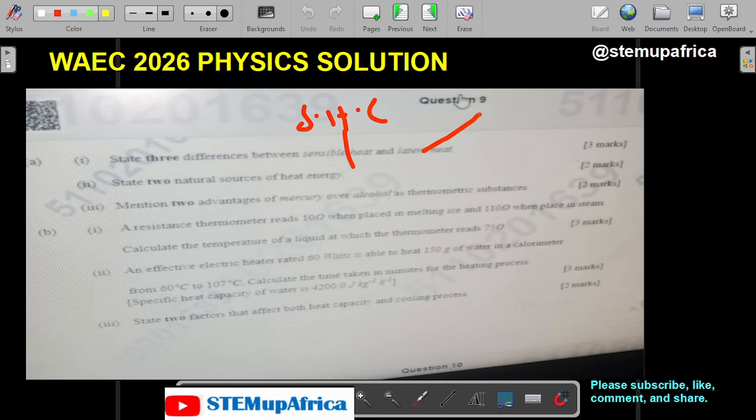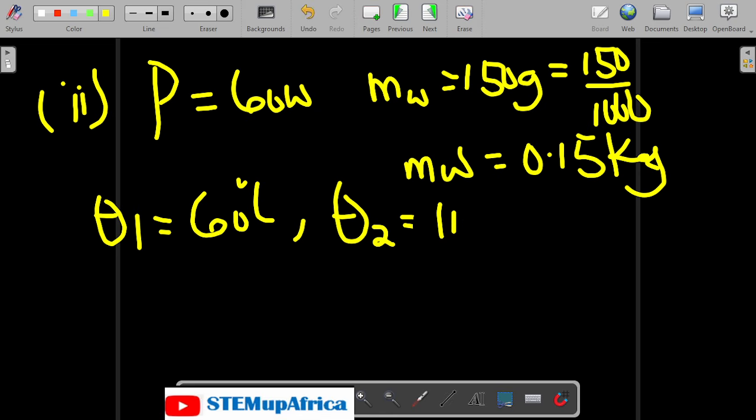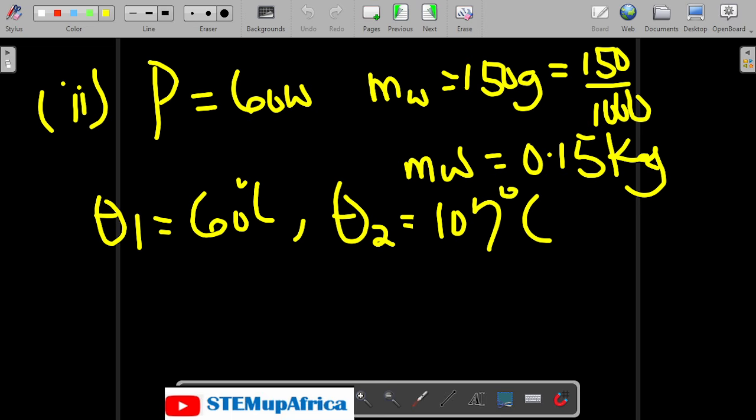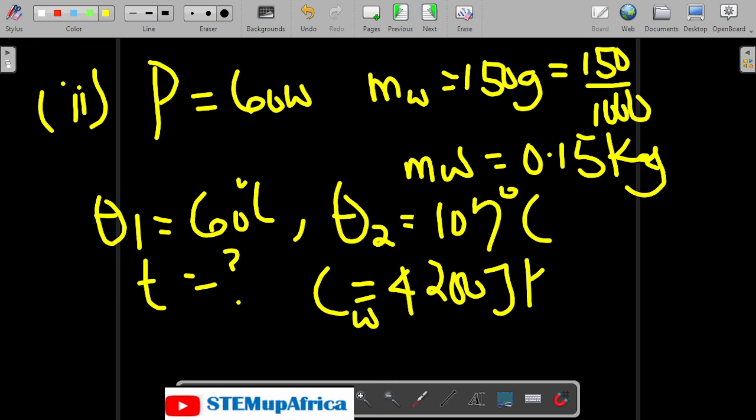Let me check again to be sure. 107 degrees Celsius. So we are asked to calculate the time in minutes for the heating process. My T I don't know. And they give us the specific heat capacity of water, CW, as 4200 joules per kilogram per Kelvin.